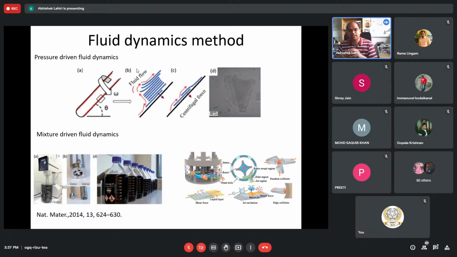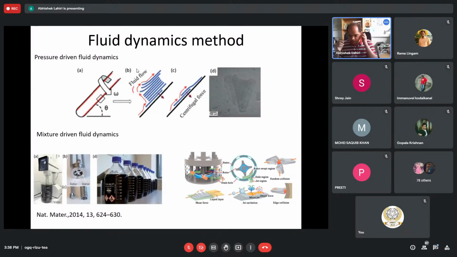Now, the main disadvantage of any of these exfoliation techniques is that you cannot define or get a particular size. If, say, I want 1 centimeter square of graphene, it is not possible to get 1 centimeter square of graphene by using these kinds of exfoliation. The only way one can do this is using the bottom-up approach, which is chemical vapor deposition.